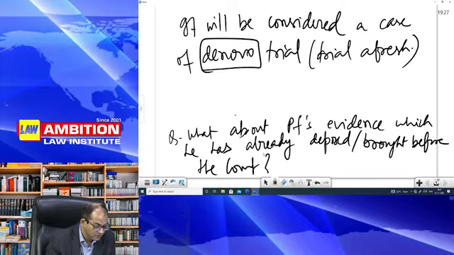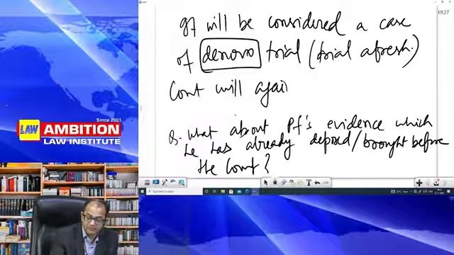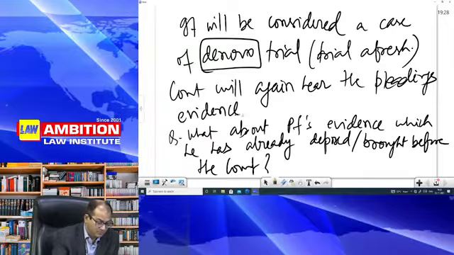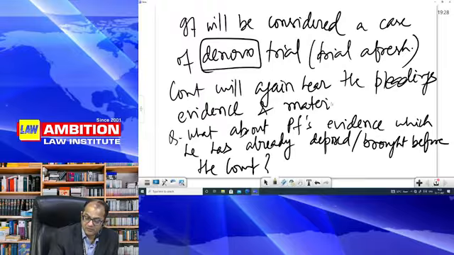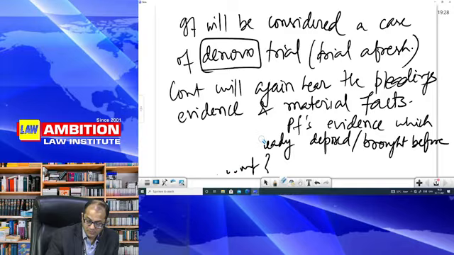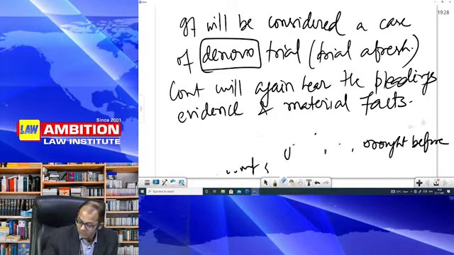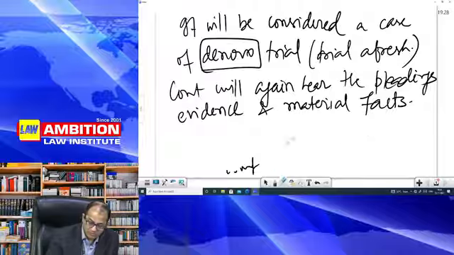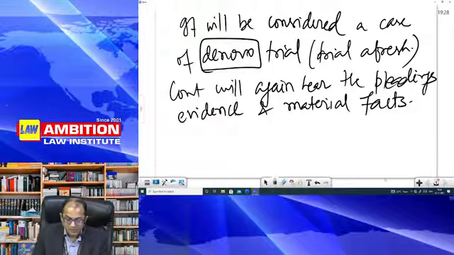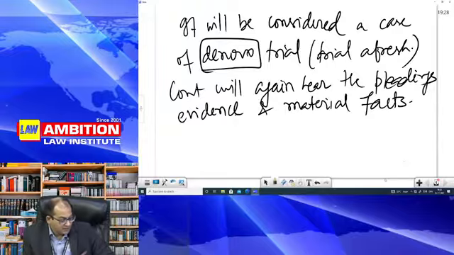Everything will begin afresh. Court will again hear the pleadings, the evidence, and material facts.